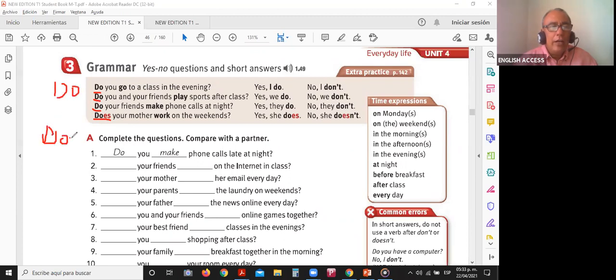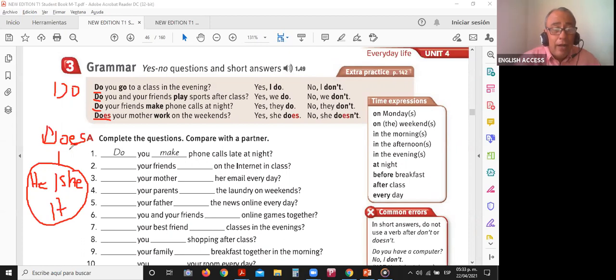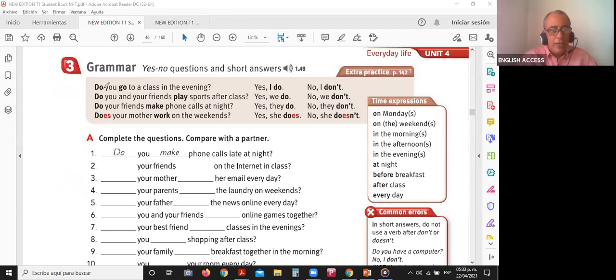We use does when we talk about he, she, or it, the third person. We use do with the others.